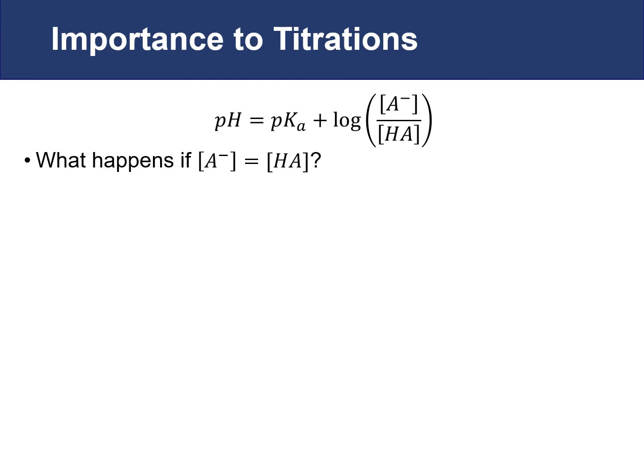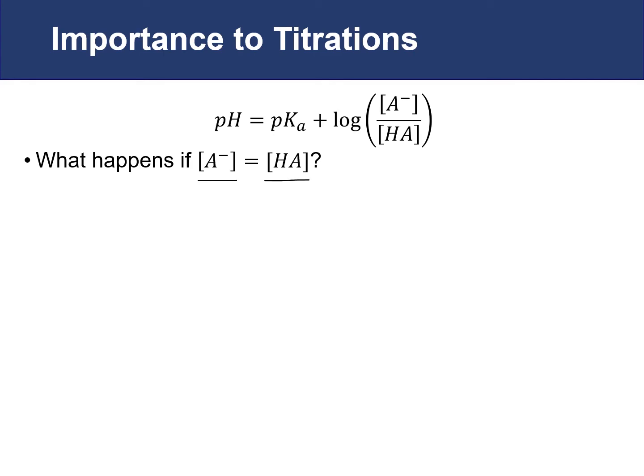Now, the midpoint, where the pH is equal to the pKa, is the half equivalence point. We can see why, because if we're doing a titration and we're halfway to the point where we've neutralized all of the acid, then half of the acid is in the conjugate base form and half is in the acid form.